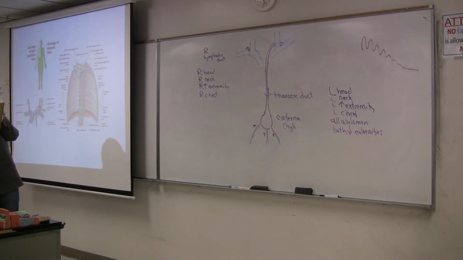All of these fine light cream colored lines are showing the lymphatics. The yellow dots are the lymph nodes. Here is about a 1/2 inch long right lymphatic duct. And coming up here behind the portal vein is the cisterna chyli, and then you can see the thoracic duct coming up here and emptying into the left subclavian right here.